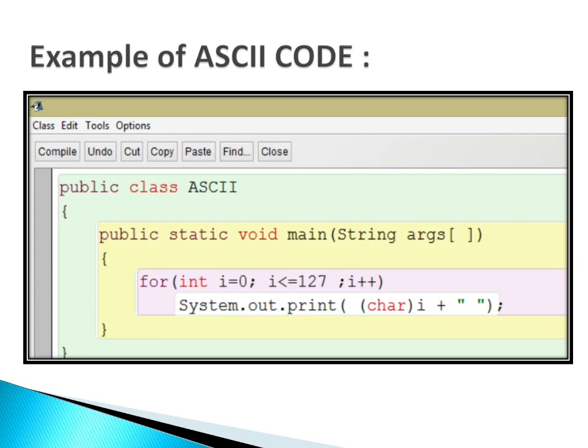I want to count till 127, and I want to count step by step, means after 0 I want 1, then 2, then 3 till 127. That's why I placed i++ there. Plus plus indicates plus 1, the value of i plus 1 always.